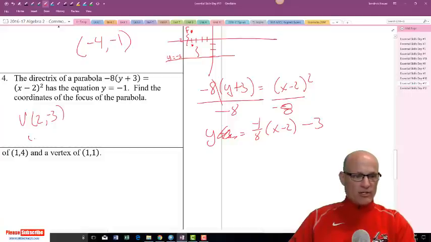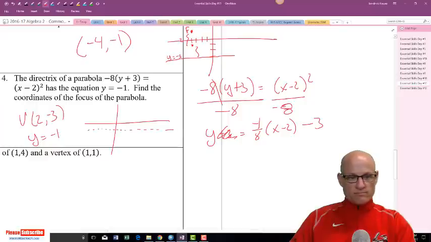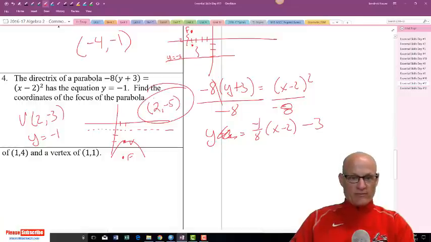My directrix is y equals negative 1. So let's do this. y equals negative 1. (2, negative 3). So this is my vertex. This is my directrix. That means my focus has to be down here somewhere, because the parabola is going to open up like this. So that was 2 away, and I go down 2 more. So my answer is (2, negative 5).